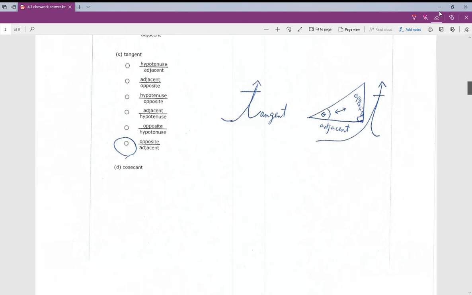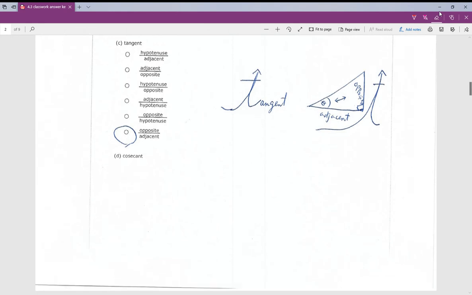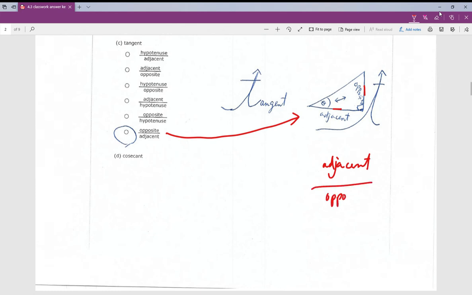Next, tangent. The definition of tangent is opposite over adjacent. Now, if you have another function, adjacent over opposite, we call this cotangent's relative.